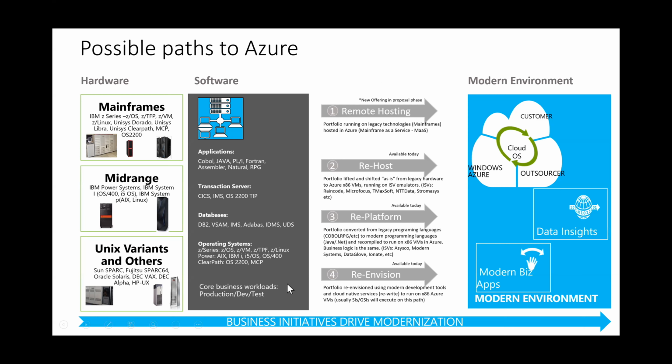Assembler is probably the hardest, but even there we have partner systems that can handle that. And zTPF is the hardest operating system, at least that I work with, to migrate. But we've seen this, we know it, and we've worked with customers on it in the past. So we know how to approach this. And we know how to do it in a manner that is not going to disrupt business.